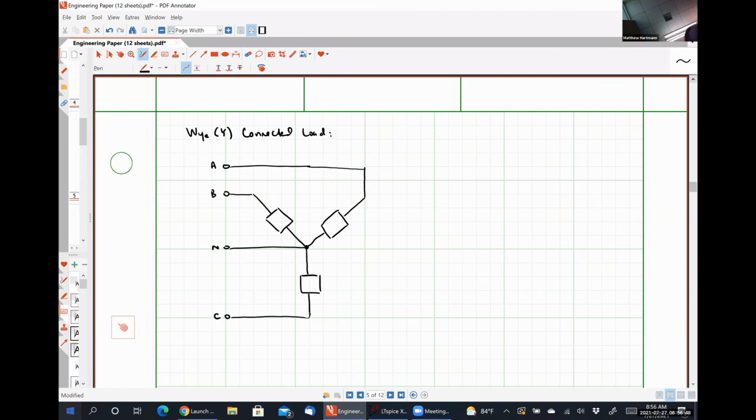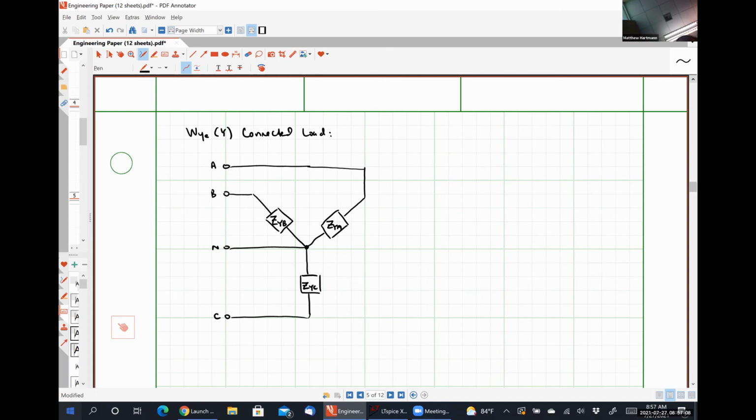So I'm going to call this impedance ZYA, this impedance ZYB, and this impedance ZYC.